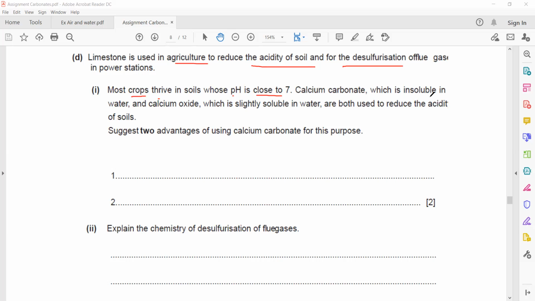Calcium carbonate, which is insoluble in water, and calcium oxide, which is slightly soluble in water, are both used to reduce the acidity of the soil. Suggest two advantages of using calcium carbonate for this purpose. So what is the advantage of using calcium carbonate for the treatment of the soil?